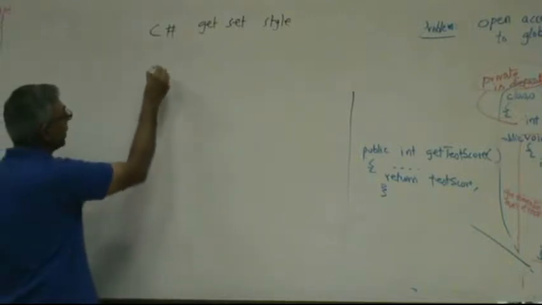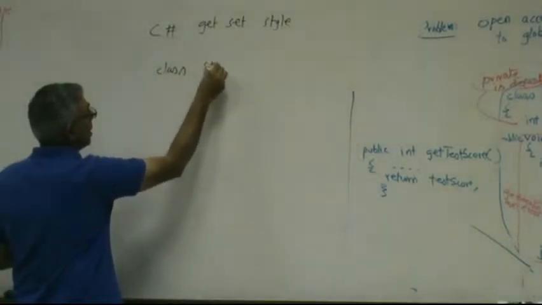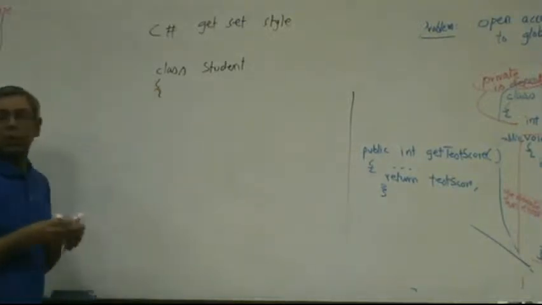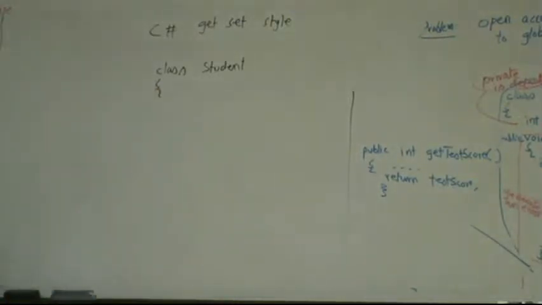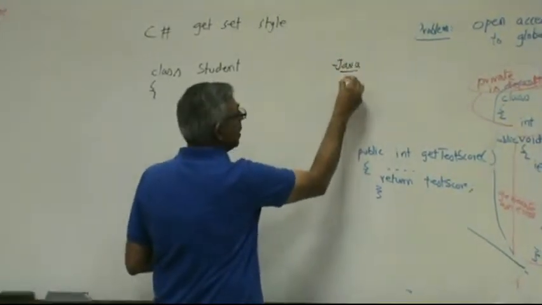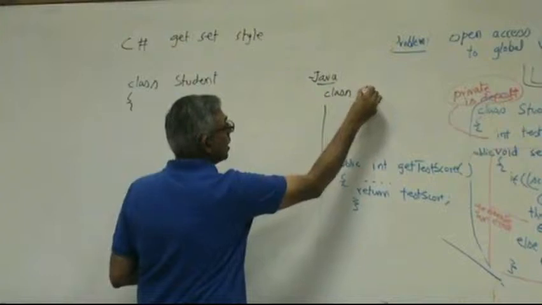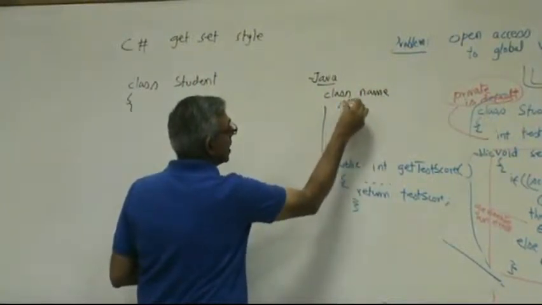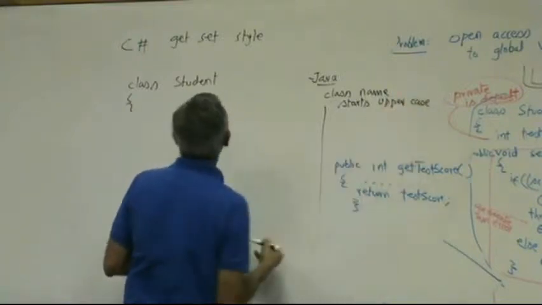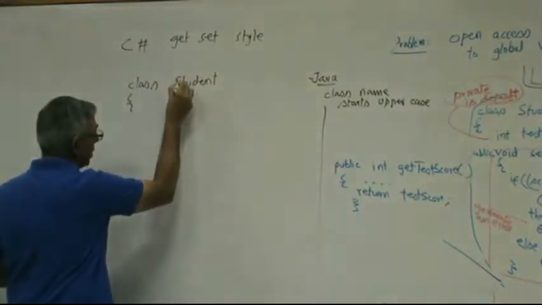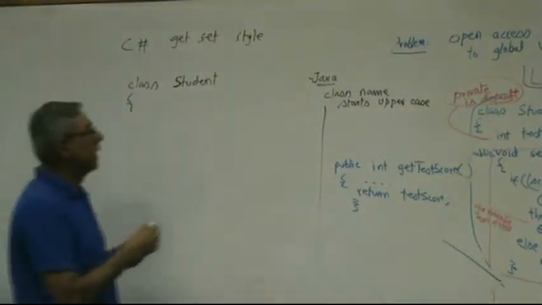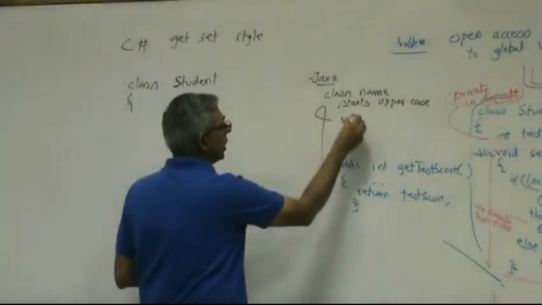You will create a class called student. Every language has its own convention. For example, if you are writing a Java program and you create a class, the class name starts uppercase. So if you're creating a class called student, you will write it with capital S, and the same in C#.